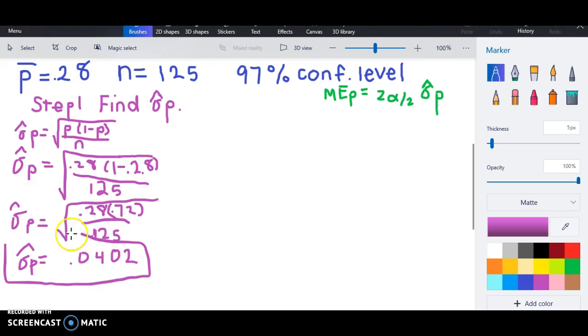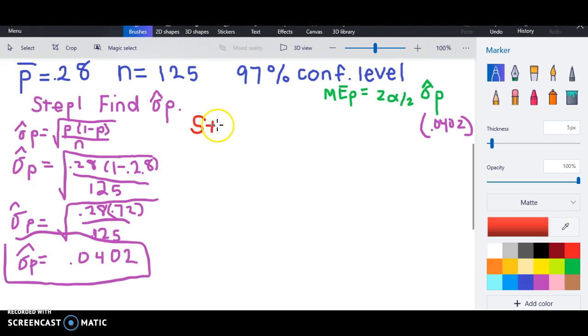So now we know that over here, when we plug in, the last part of this is 0.0402. So the next step is going to be finding your critical z-score. So we're going to have to find it, and the way we do that is we start with alpha.